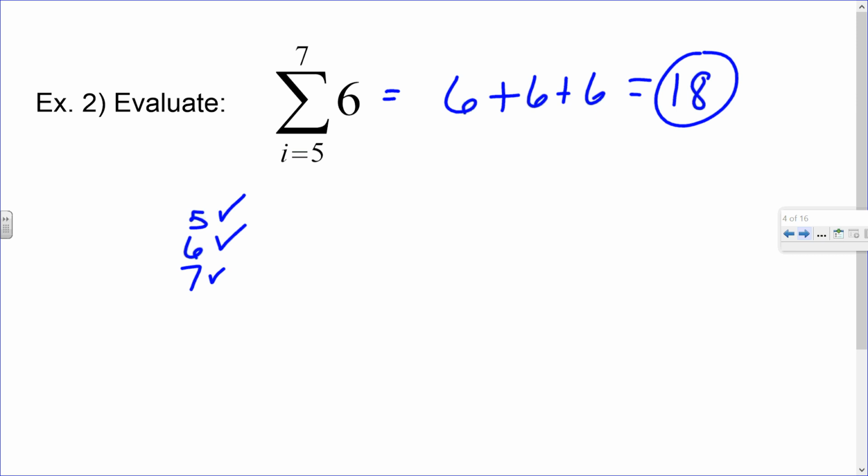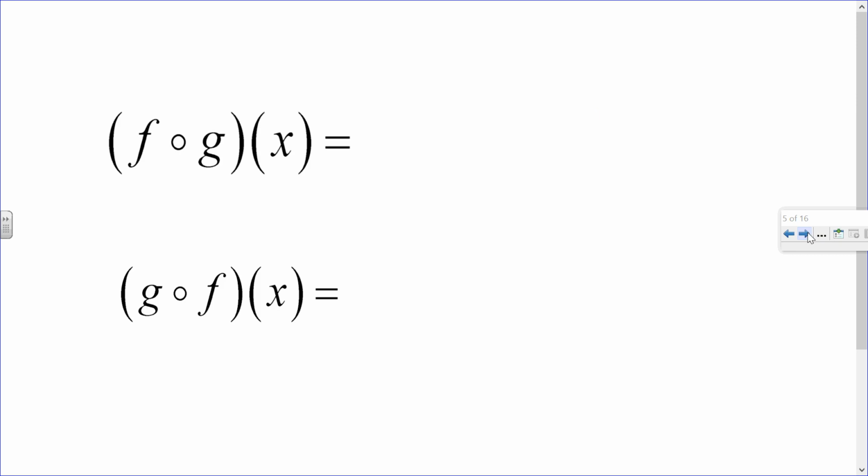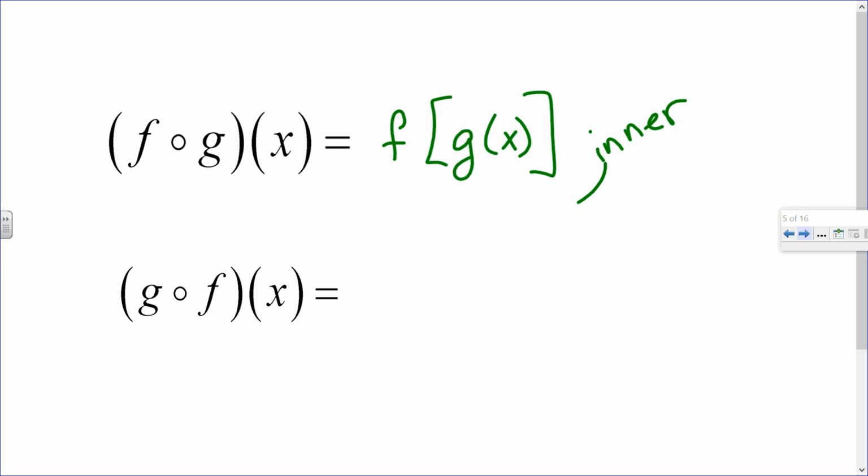And let's move on to the other topic for today's lesson, decomposing functions. First we're going to review just a little bit with compositions, so then we can see what that's going to look like if we go backwards and undo a composition. f of g of x means g of x is on the inside, and f is on the outside. g of f of x, on the other hand, looks like this.